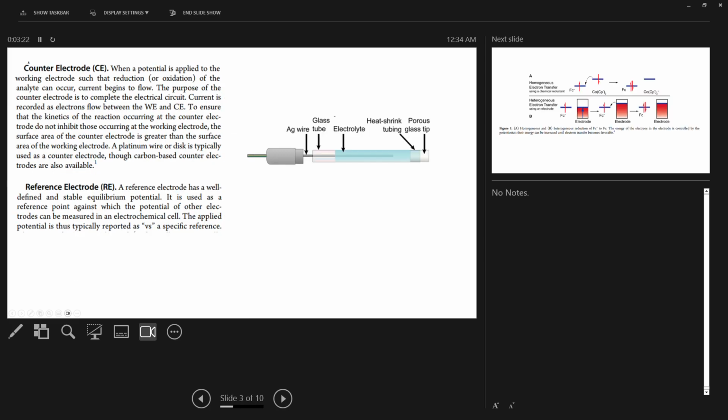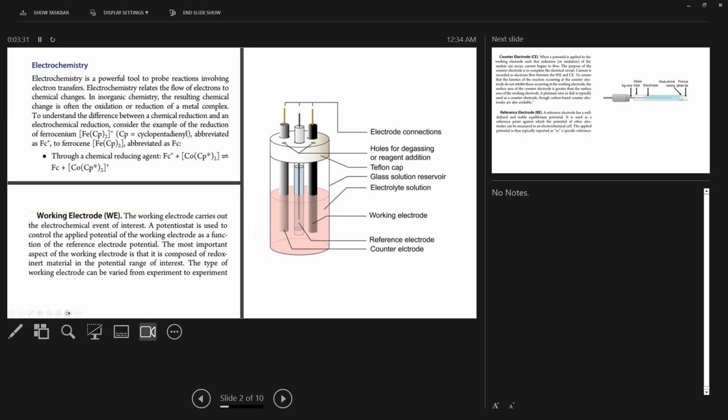The next one is the counter electrode. The counter electrode is the opposite of the working electrode, and remember that on the working electrode basically reduction occurs, while on the counter electrode oxidation occurs. It means that on the working electrode the species gain electrons, while on the counter electrode the species lose electrons.